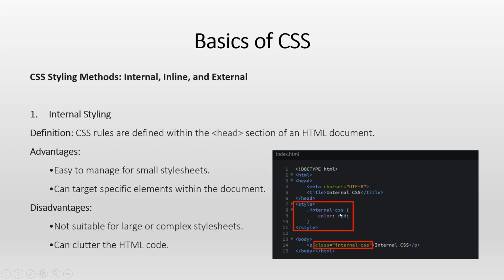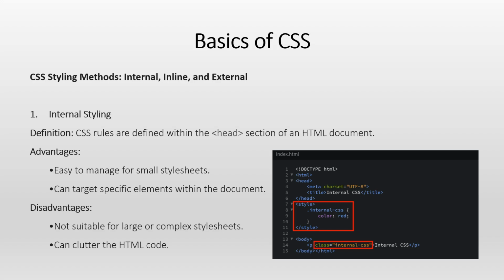As you may remember, I have explained IDs and classes. It is the same thing here. So in internal CSS, all the CSS we write goes inside the head using the style tag.